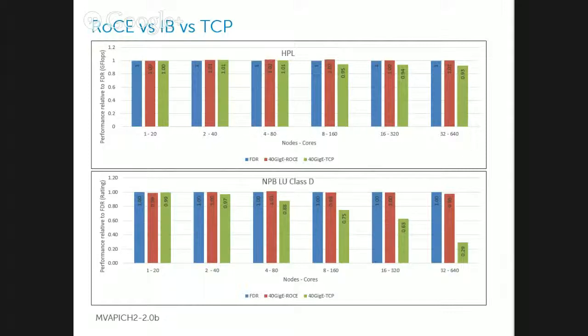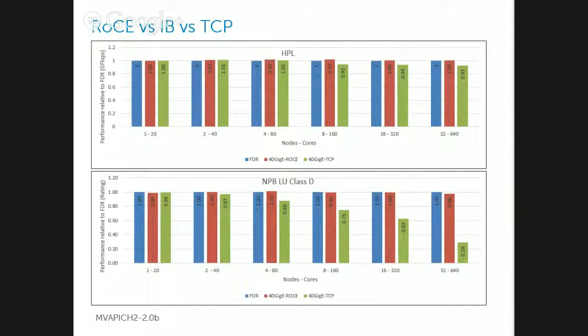These were 10-core processors, 2 processors per node, therefore 20 cores per node in total, and all the runs were fully subscribed. So you'll see data points for 1 node, 20 cores, 2 nodes, 40 cores, all the way up to 32 nodes, 640 cores.